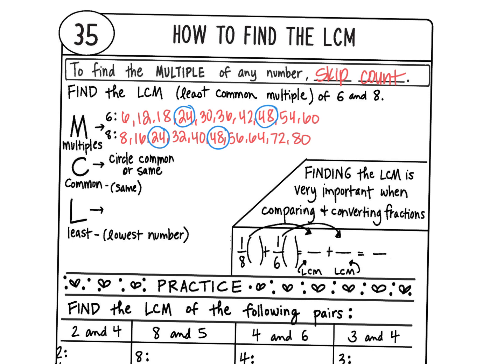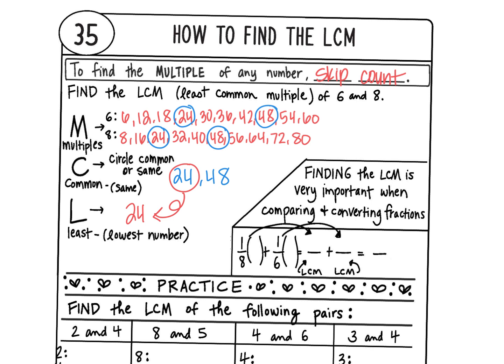They go on forever. So I'm going to list the 2 multiples that I have in common out of the list that I created, and that's going to be 24 and 48. Out of the 2 of those, which one is the least common multiple? 24. So this is considered my LCM.